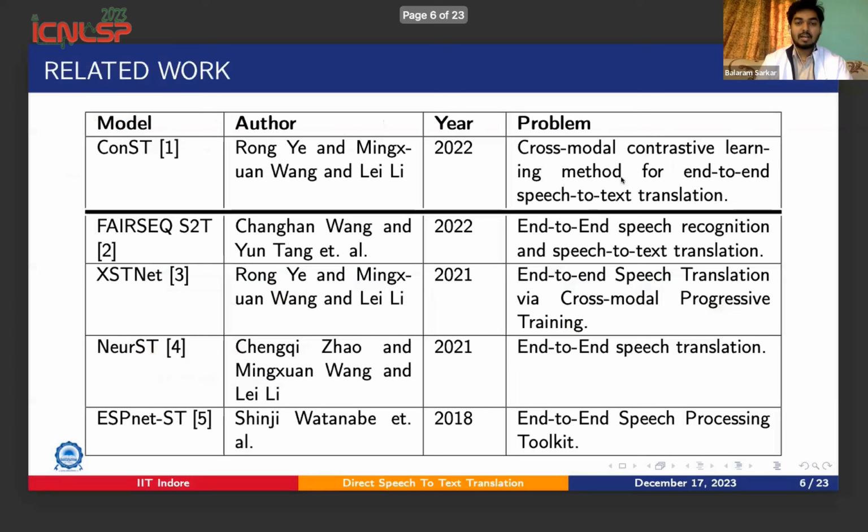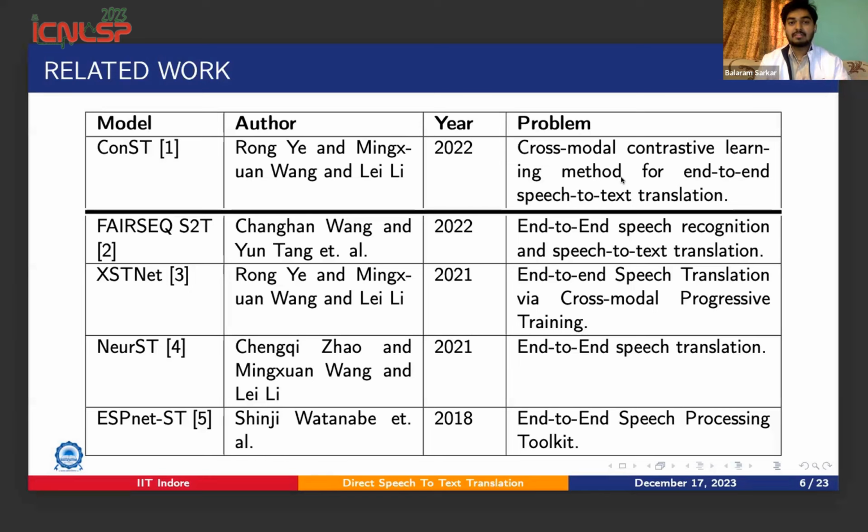So these are the main baselines that we've been following. The previous ones since 2018, having ESPnet, the newer ST, the XSTNet, and the FAIRSEQ S2T, all these methods were using the normal way of speech-to-text translation, where the input was the source audio, and the output was supposed to be the text in the target language.